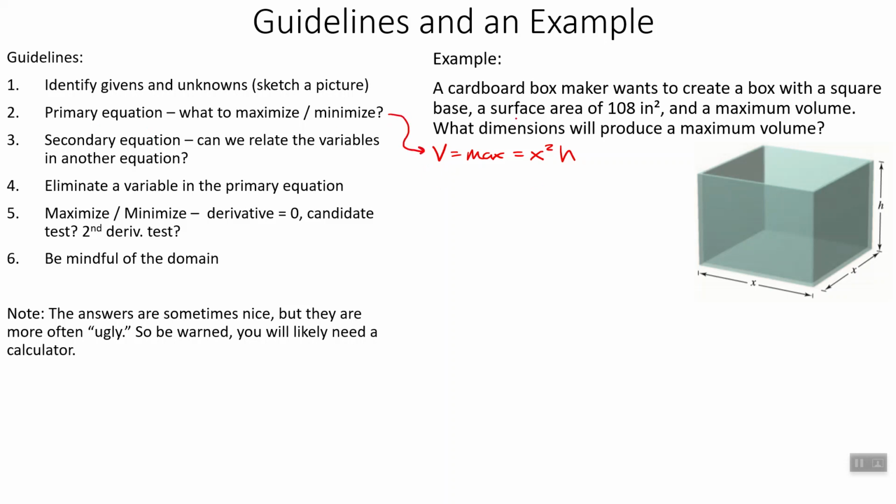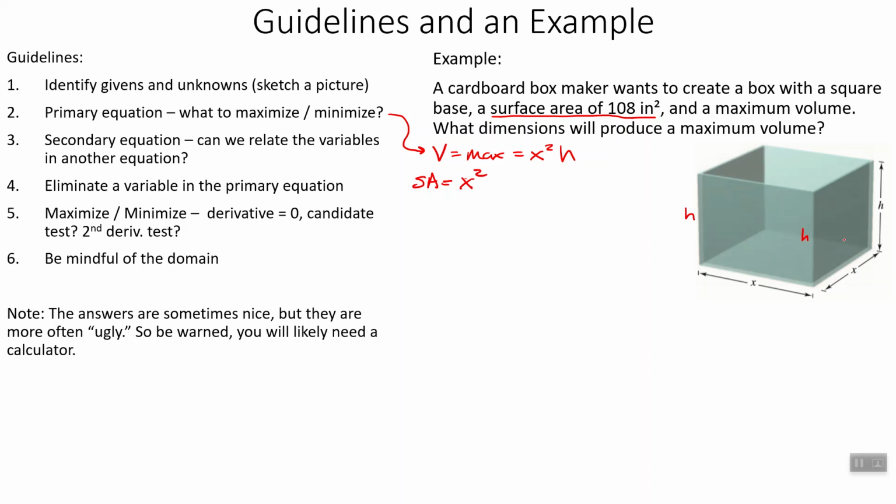Secondary equation. The other thing they tell us is this thing about surface area. Well, surface area for a cardboard box, which I guess we'll assume has an open top. Looks like it's open to me. So we'll have a bottom area of x squared. And then all of these sides are x by h. The height is h for each one of them.